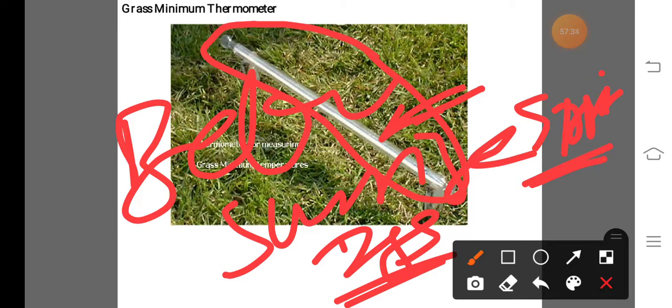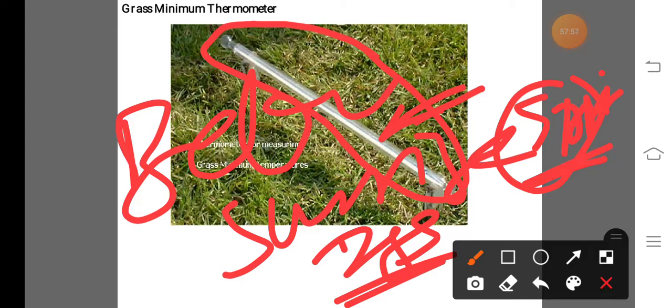That means, to avoid the effect of direct solar radiation on the spirit, this grass minimum thermometer is kept the whole day in a shadow place or indoors, that means in a dry double Stevenson screen.